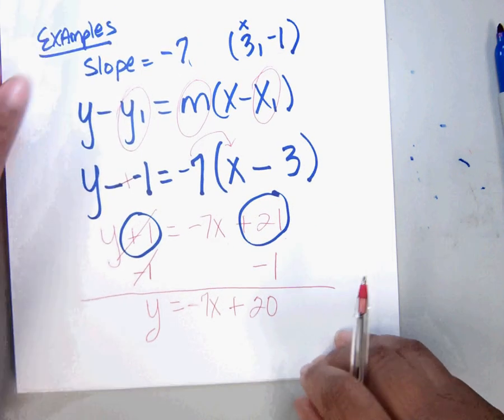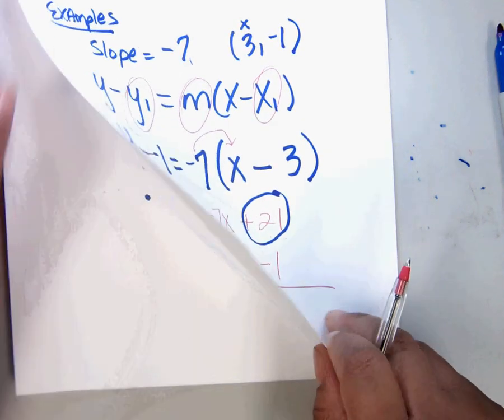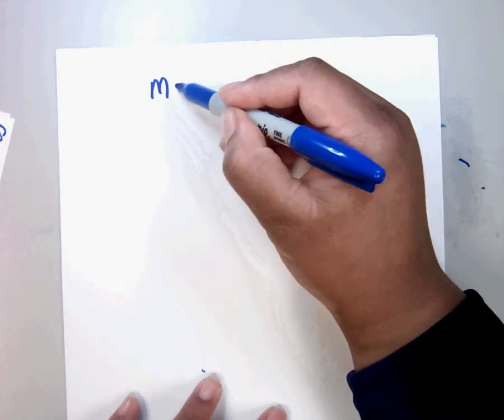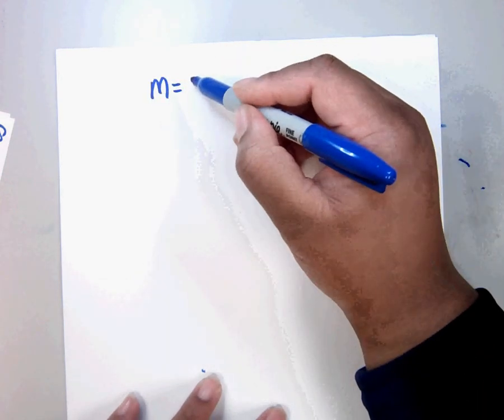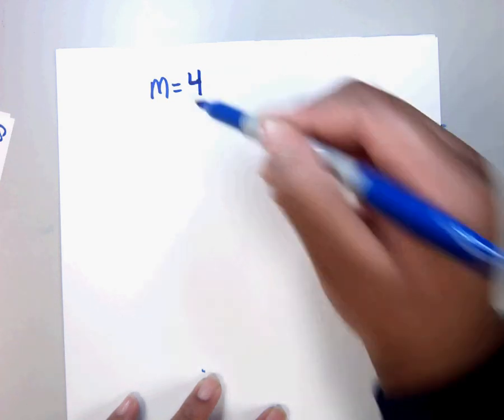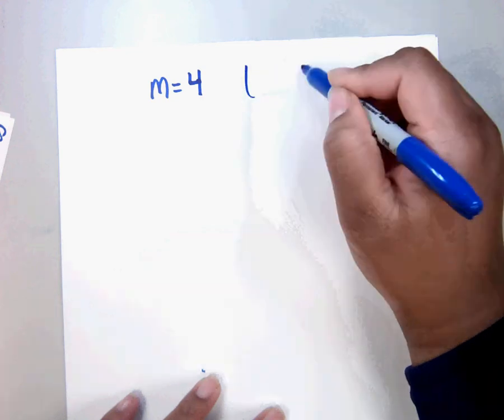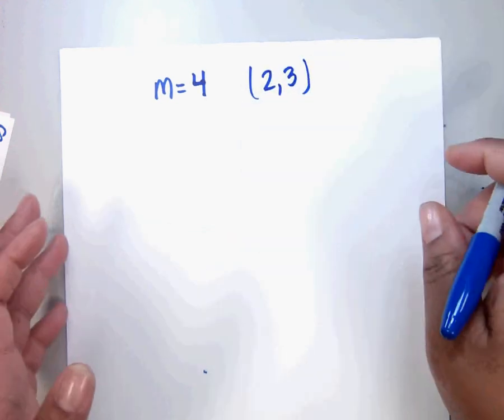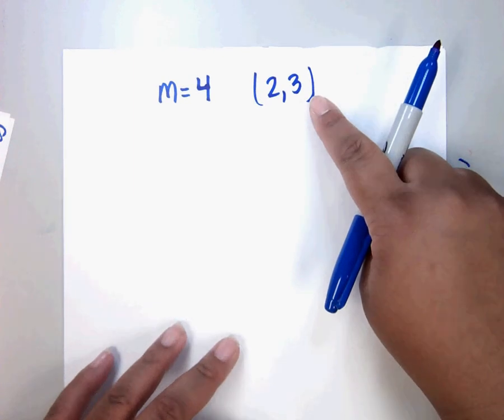Let's do another example. I want you to write an equation of a line with a slope of negative, we've already done negative, so let's do positive 4, and the point (2, 3). I want the equation of the line to pass through this point.